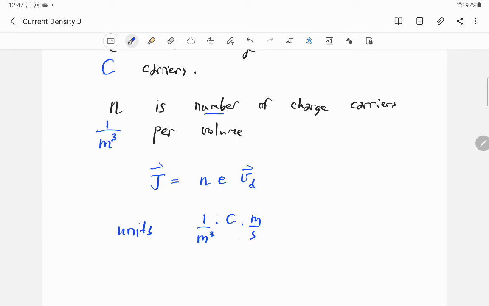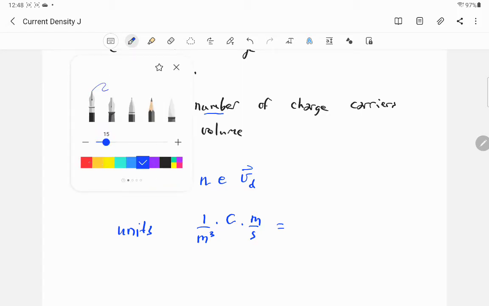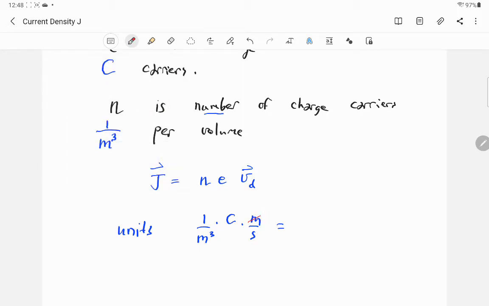And if you multiply these three things together, the units of J, right? You see it. Let me change colors. One factor of the meter cubed cancels with one factor on the top, and I get coulombs per second over meters squared. And this is current divided by area, which is what we're claiming J is.